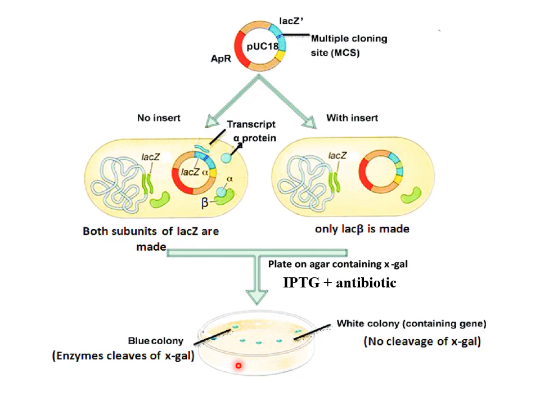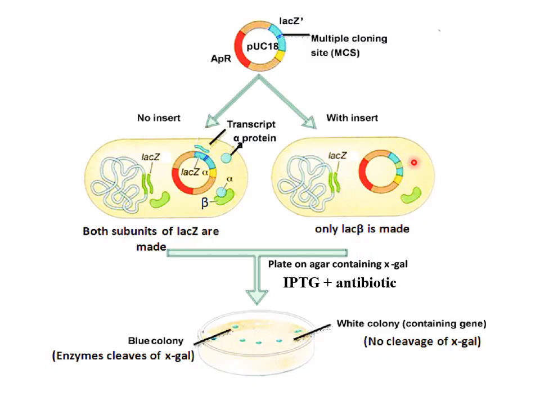Now for a recombinant colony, this vector will enter into the bacterial cell, and it will produce this beta lacZ protein.